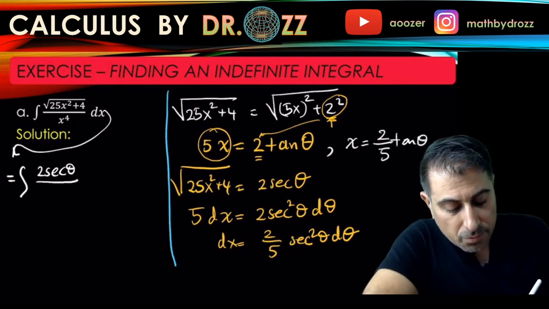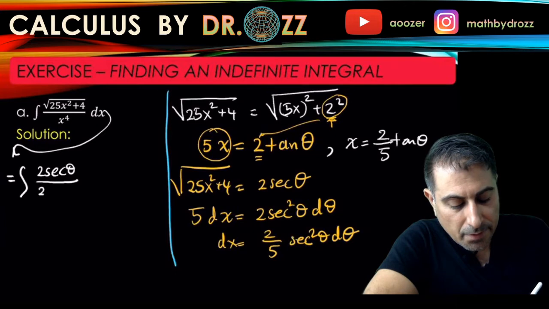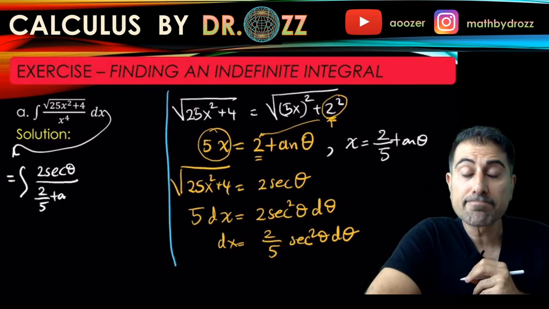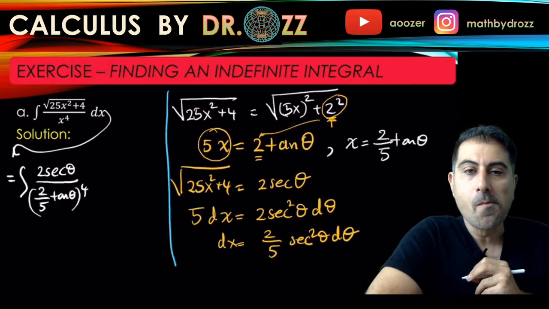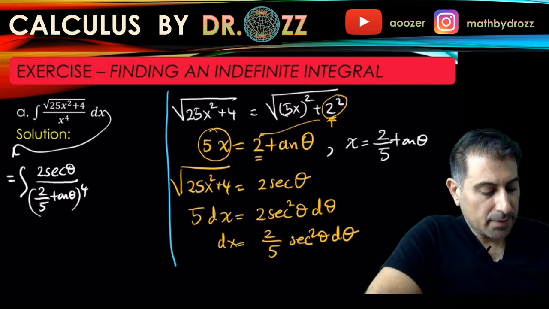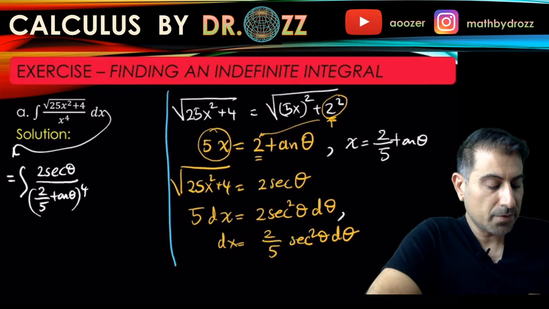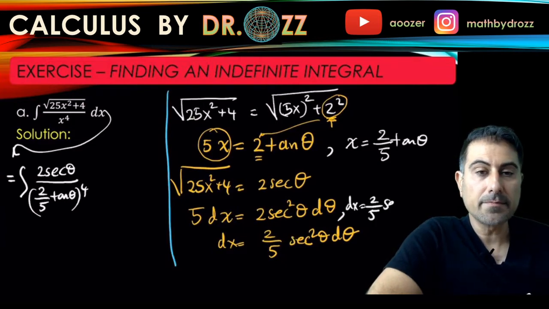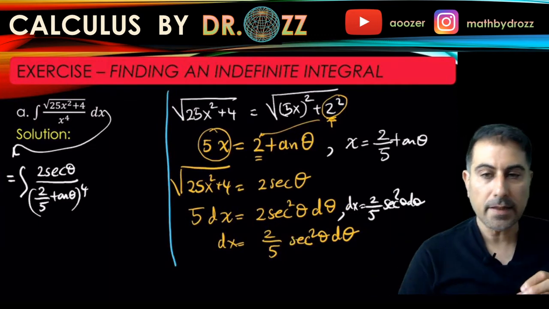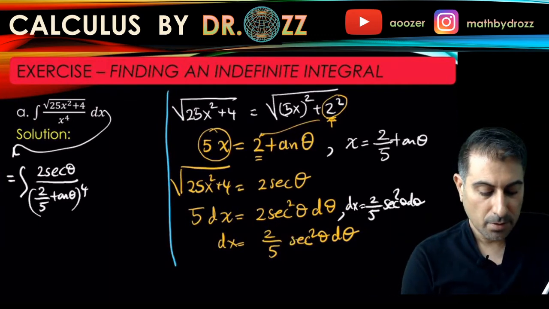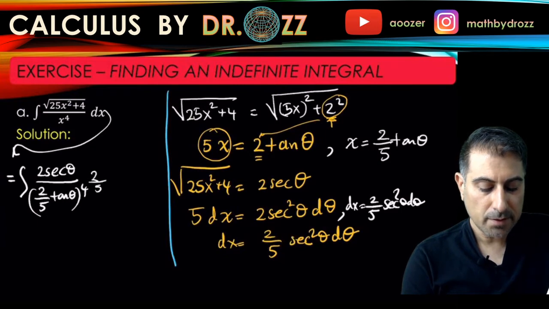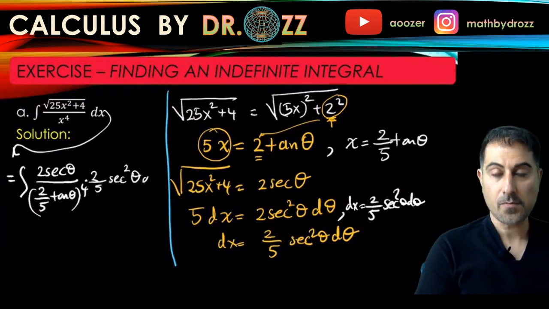So I'm going to have 2 over 5 tan theta raised to the power of 4. And dx is 2/5 secant squared theta d theta, right? So I'm going to go ahead and copy that down here: 2 over 5 secant squared theta d theta.